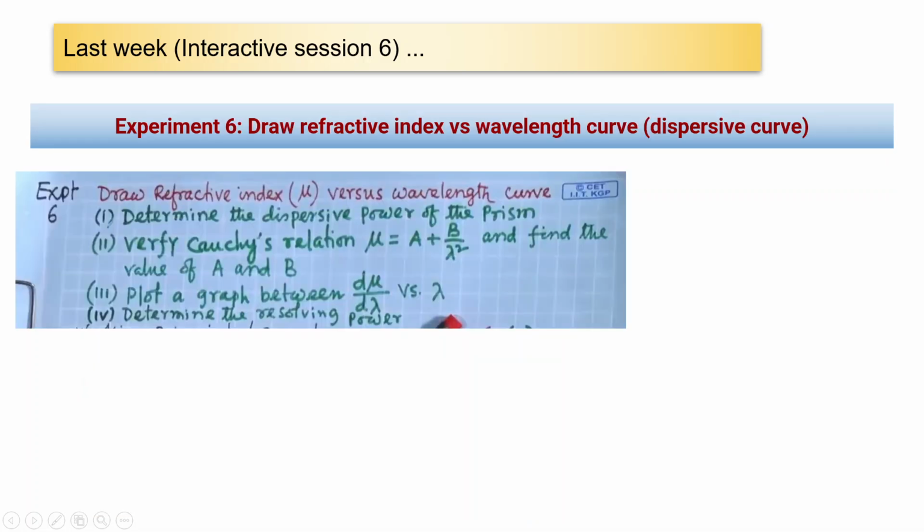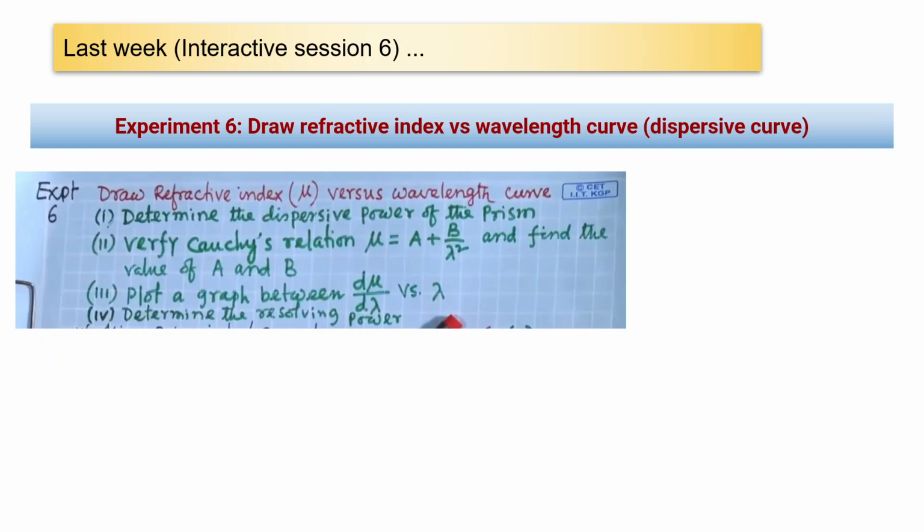Then experiment 6 was about drawing the dispersive curve, which is the plot between refractive index versus wavelength. Recalling that the refractive index of any material depends on the wavelength of the light. That's why when we send white light, which consists of 7 different wavelengths, they are refracted or deviate from the original path by different deviation angles.